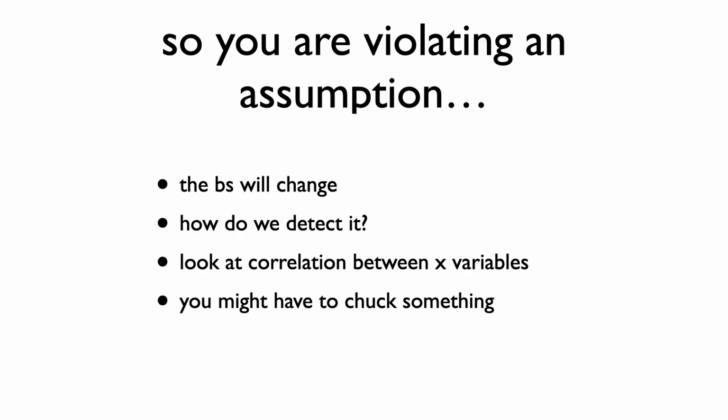If we have y hat equals b0 plus b1 x1 plus b2 x2 plus errors, this is a simple multiple regression model. What that's saying is the b's will change. Those b's are constants, they're coefficients. So if these change, that's going to change how we interpret our results. And if you violate an assumption, you change things and they're wrong.